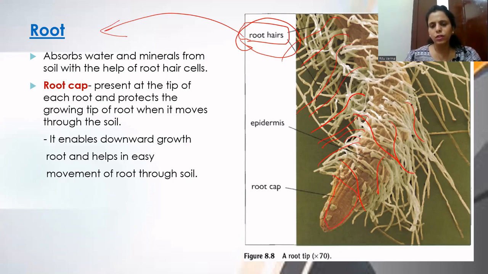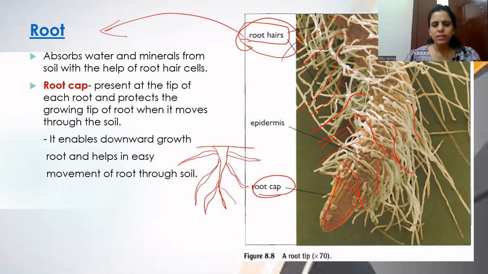And the tip of the root is covered with a special structure which is called the root cap. This root cap is essential because when the root is growing and increasing in length and size, it has to move through the soil. The root cap prevents damage to the tip of the root, because just at the tip of the root there are very important cells called meristematic cells.